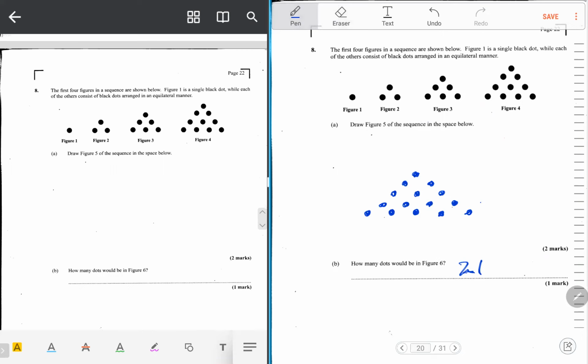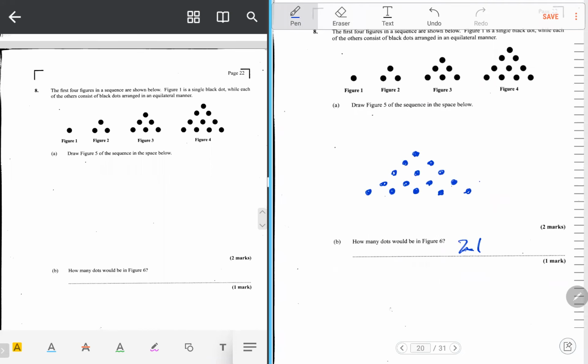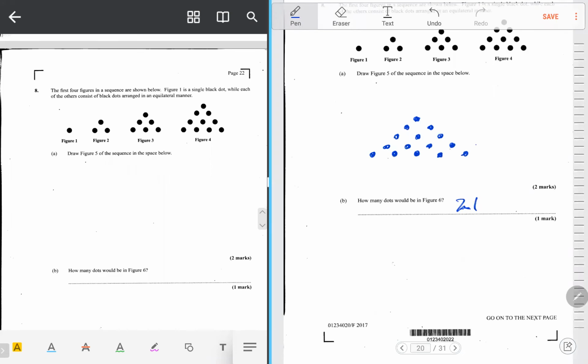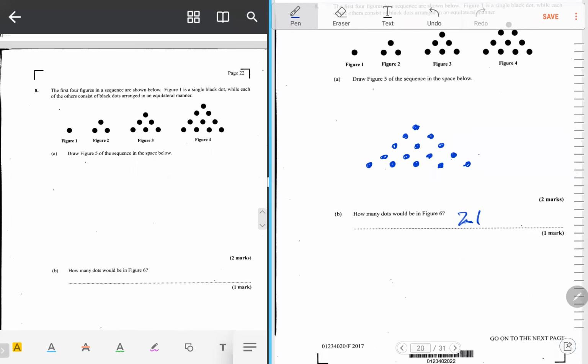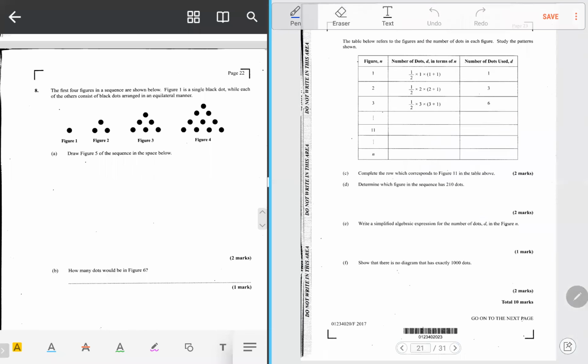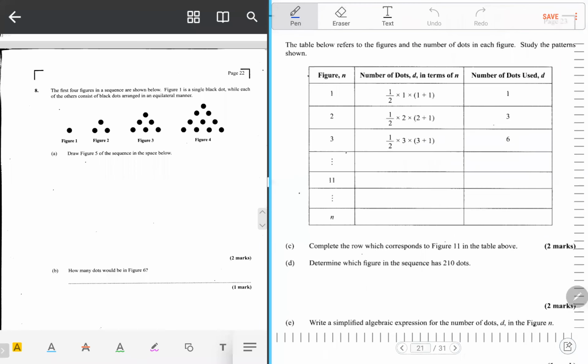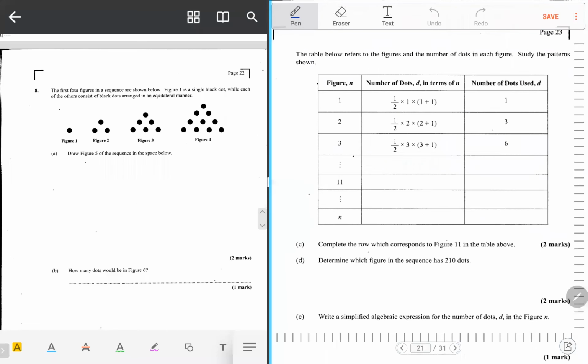But let's continue. The next part says we have to now complete the table by observation. This is where I drop in my formula because I'm not doing it the hard way.